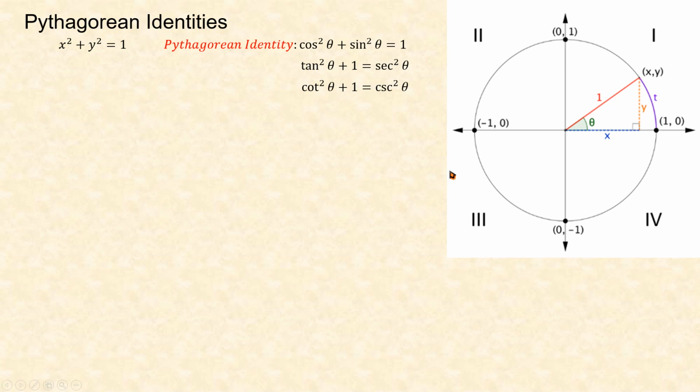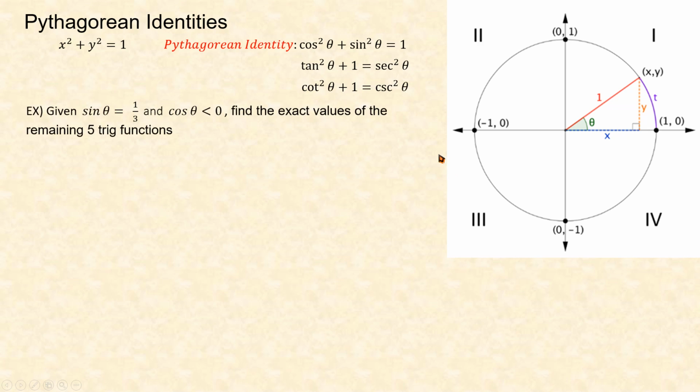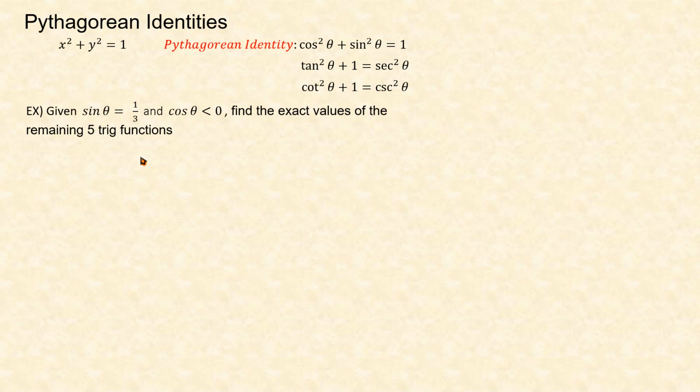But let's use these and try to solve a problem. Given that sine is equal to 1/3 and cosine is less than 0, meaning negative, find the exact values of the remaining 5 trig functions. Okay, so you can do this in two ways. One is using the Pythagorean theorem.